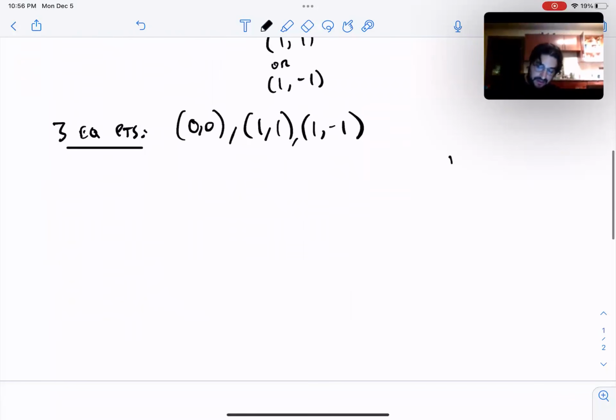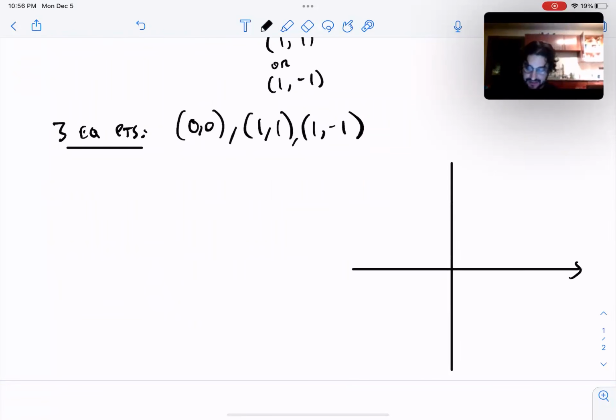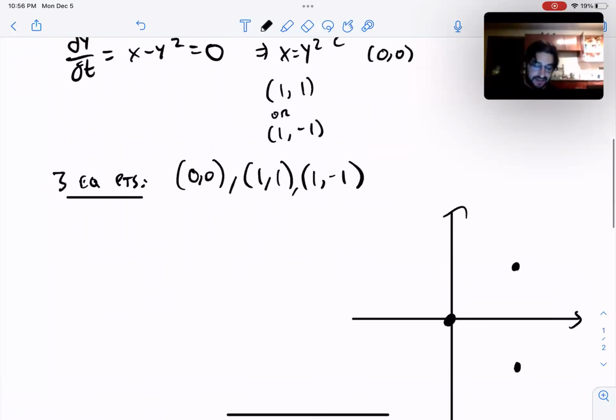So if I'm thinking about the phase plane for this system, I know at those three locations the system is just sitting there. It's just a dot. That would be a constant. Another way to say it is that this would be a constant function that solves the system. Remember, we're looking for parametric curves that satisfy this system.